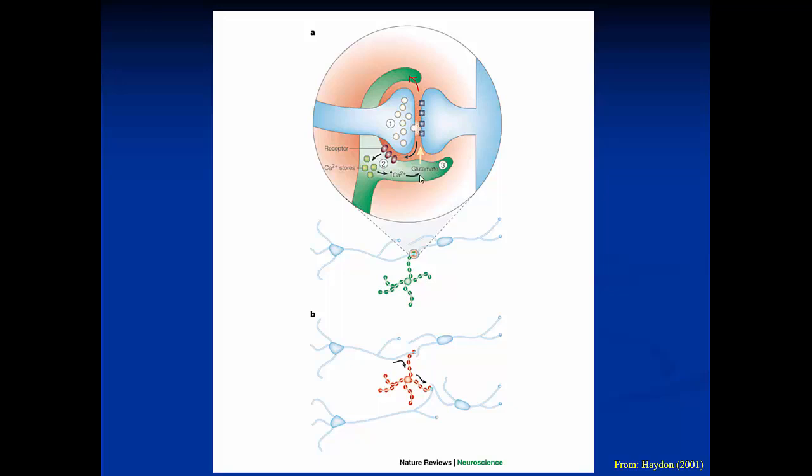The other thing to remember is that they can release their own chemicals, and that can have an influence on how this connection works between two different neurons. And we'll talk about glutamate and stuff like that later. But it'll be important to remember that astrocytes can release glutamate.